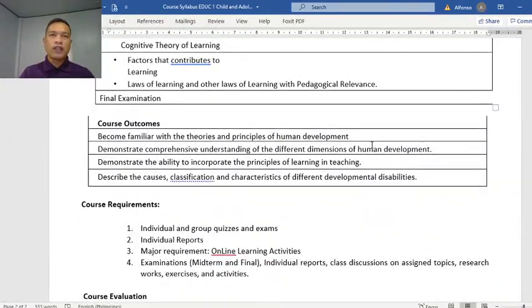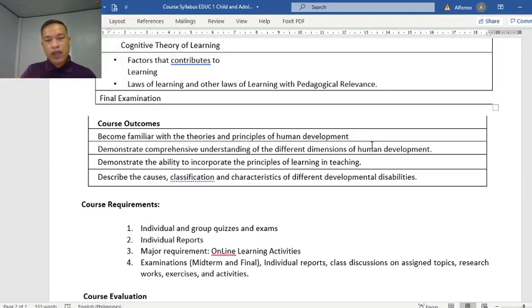Because if we are able to know the relevance of a particular concept or theory in classroom situations, that is where we could understand it better. Kasi dapat meron tayong way to put it into context.